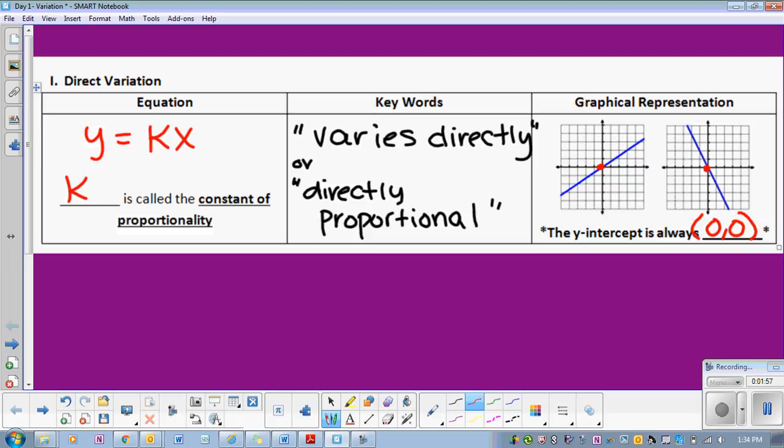Here's the reason why. A variation is basically just a relationship. A direct variation is saying that as one goes up, the other one goes up. If one goes down, the other one goes down. The easiest example I can think of is work.